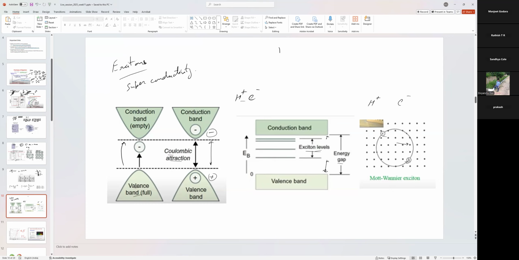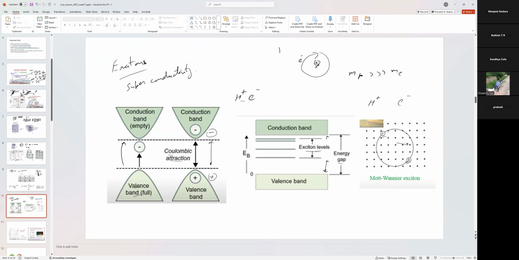In the case of a hydrogen atom, the mass of the proton is much larger than the mass of the electron. The proton is at the center, and the electron spins around it.